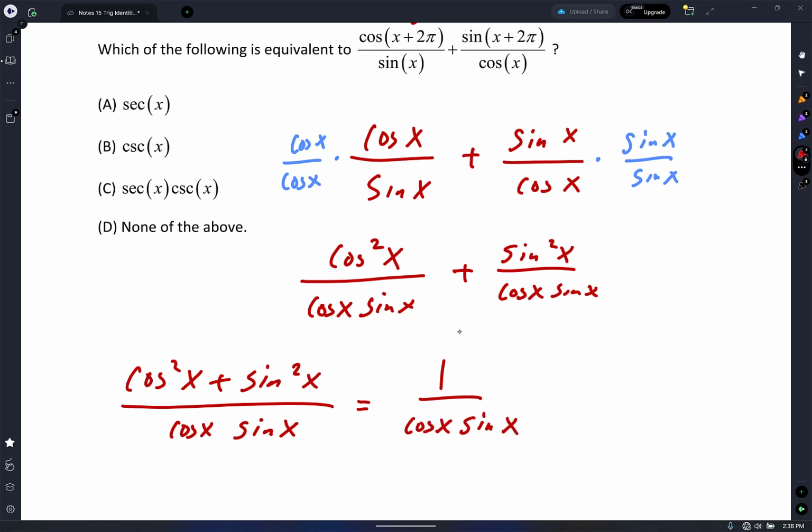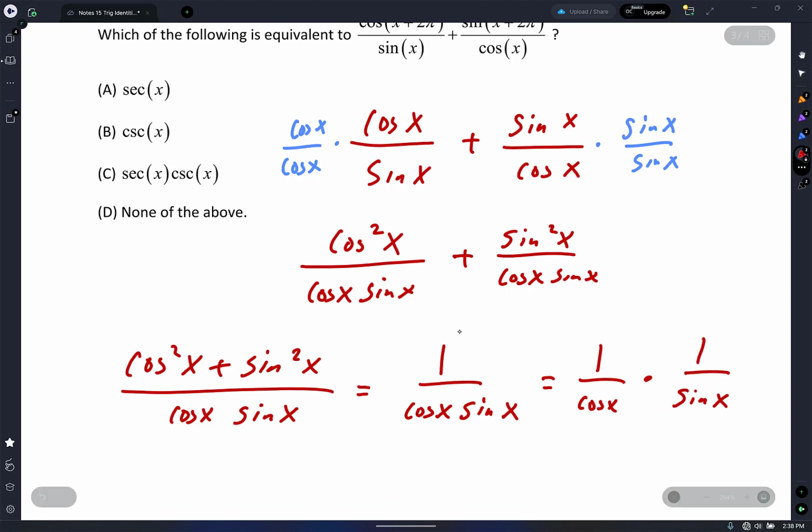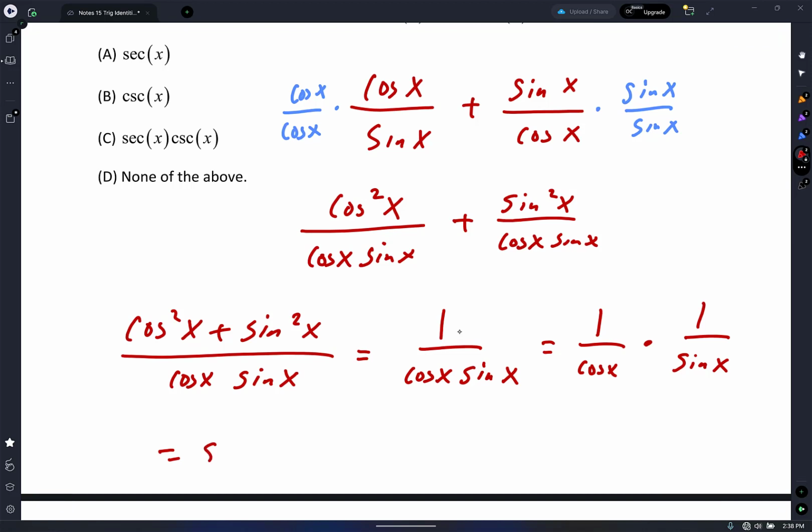And now you get to this statement and you're asking yourself, well, I don't see that answer in there. That's not what I got. I don't have any of those answer choices. You have it in there. I can expand this into 1 over cosine x times 1 over sine x. Do you guys see that? What is 1 over cosine? Secant.